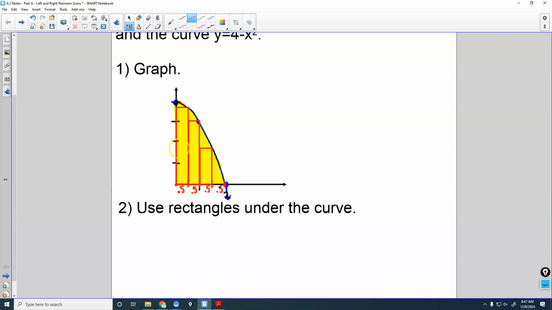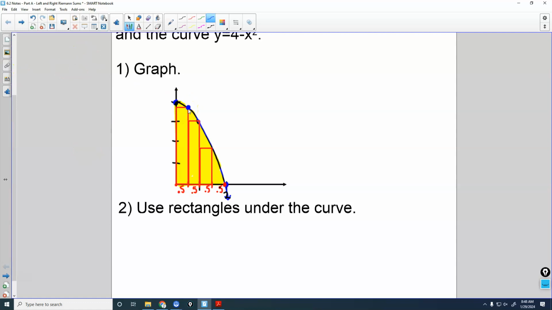What would the height of this first one be? Yeah, it's not 4, because 4 would go all the way up here. 3.8-ish. Again, we don't really want to guess on this, right? We can figure out exactly what this is, because this corner of that rectangle should be on the graph. How do I find how high this point right here is?